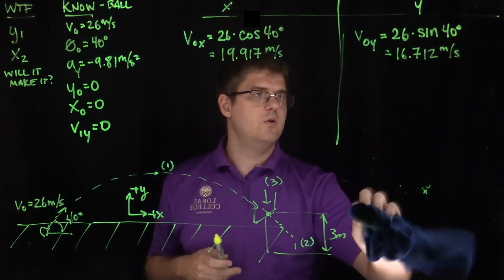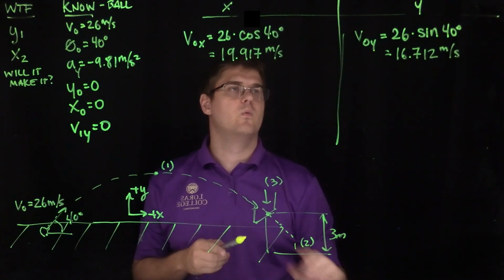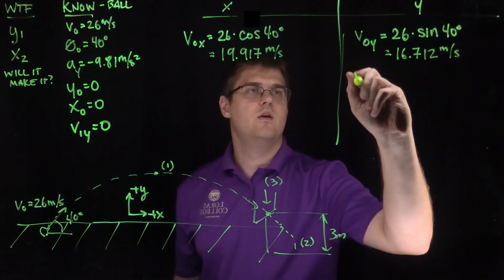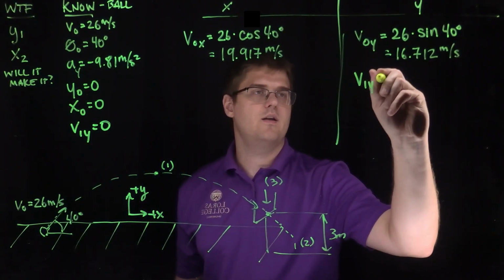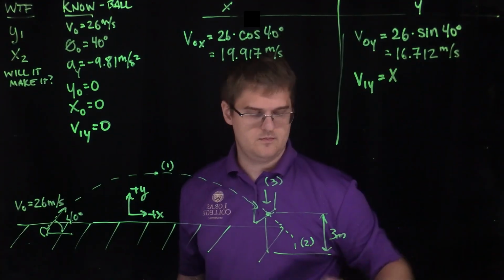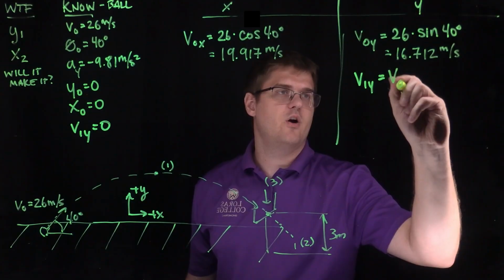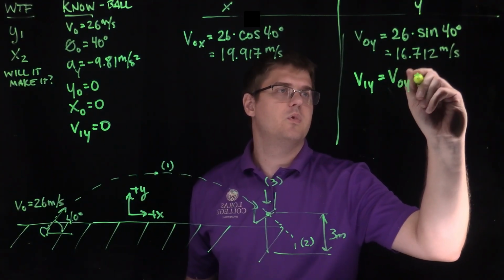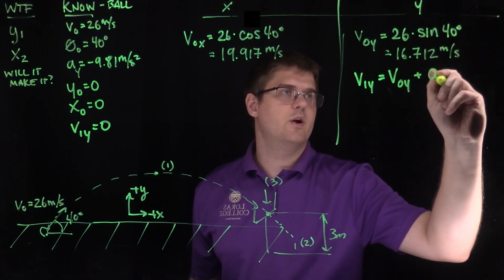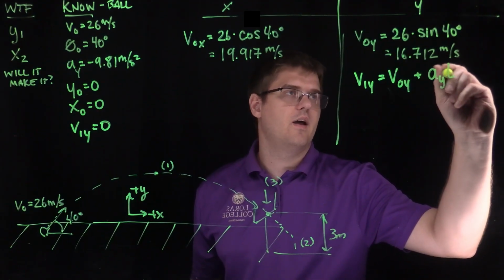So what I'm going to do is work with the y here, and I'm going to say velocity at 1 in the y is going to be equal to velocity at 0 in the y plus acceleration in the y times my time.